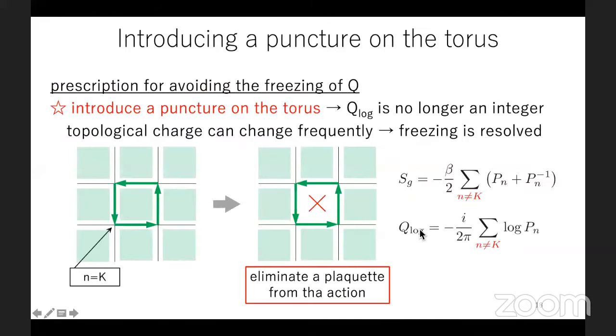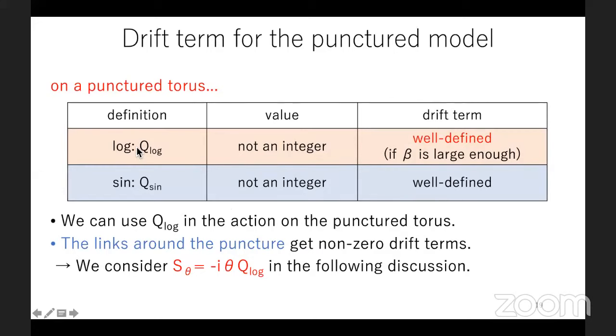Again, we compare the two types of definition of topological charge. This is different from the case of the torus. Now it's a punctured torus. For both definitions, Q is no longer an integer. But not only the sign-like definition, but also the logarithmic definition is well defined, actually, if beta is large enough. So on the punctured torus, we can also use the logarithmic definition.